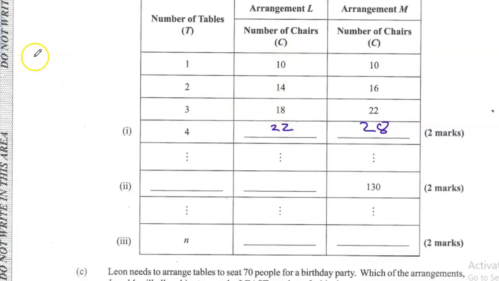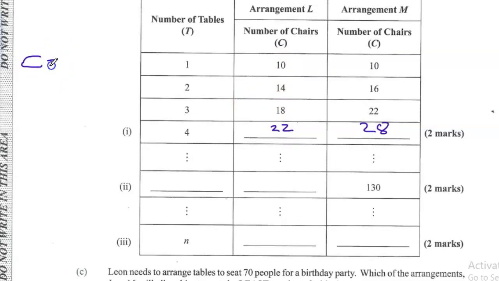So they're increasing linearly, an arithmetic progression here. So of course we can call it 4n. So notice how you get from the number of tables to number of chairs. For L, let's focus on L. Increasing by 4. So 4 by n.